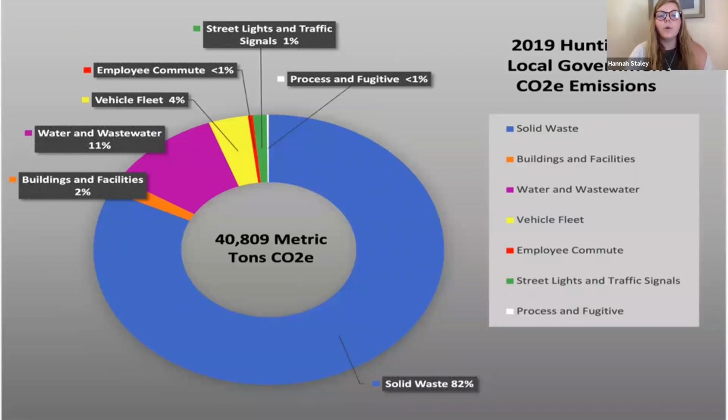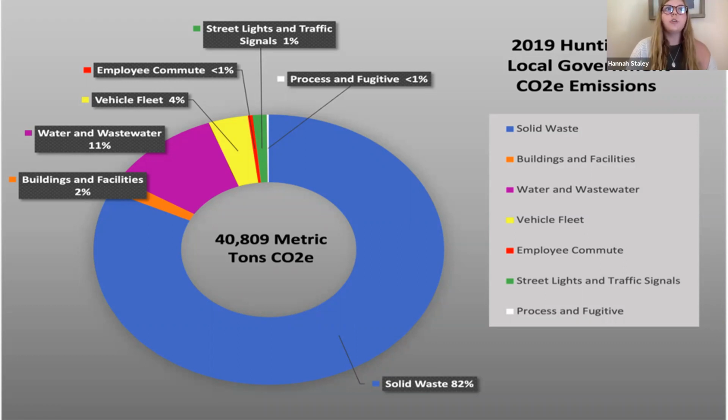So again, the local government operations inventory is a small portion of the community inventory. It just tells us out of all of the emissions in the community, how much of those the local government was responsible for. And I was able to determine that they were responsible for about 40,809 metric tons of CO2 equivalent, or greenhouse gas emissions, in 2019. As you can see, the majority of that does come from the solid waste sector.